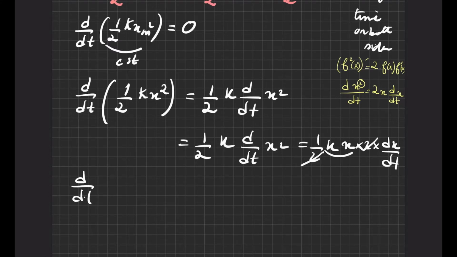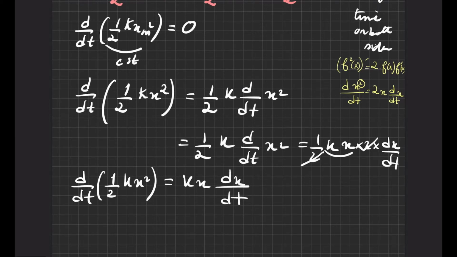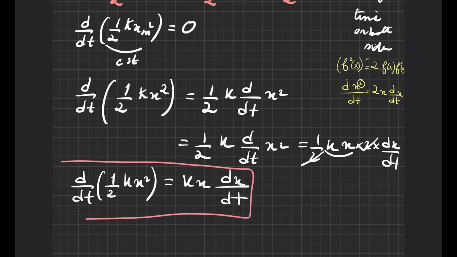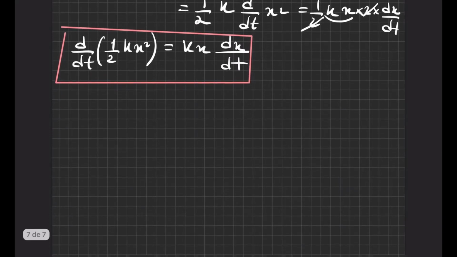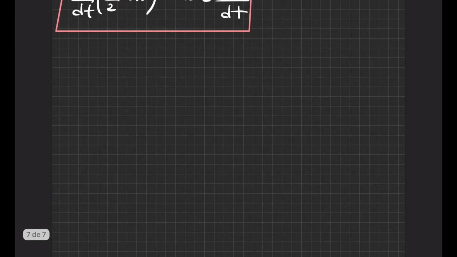So d over dt of half kx squared equals kx dx over dt. Okay, let's put a rectangle around this.